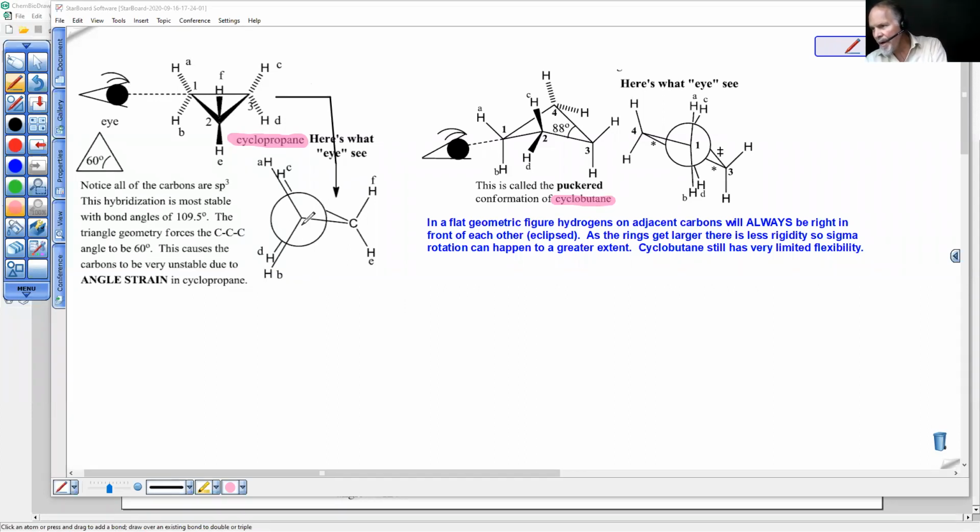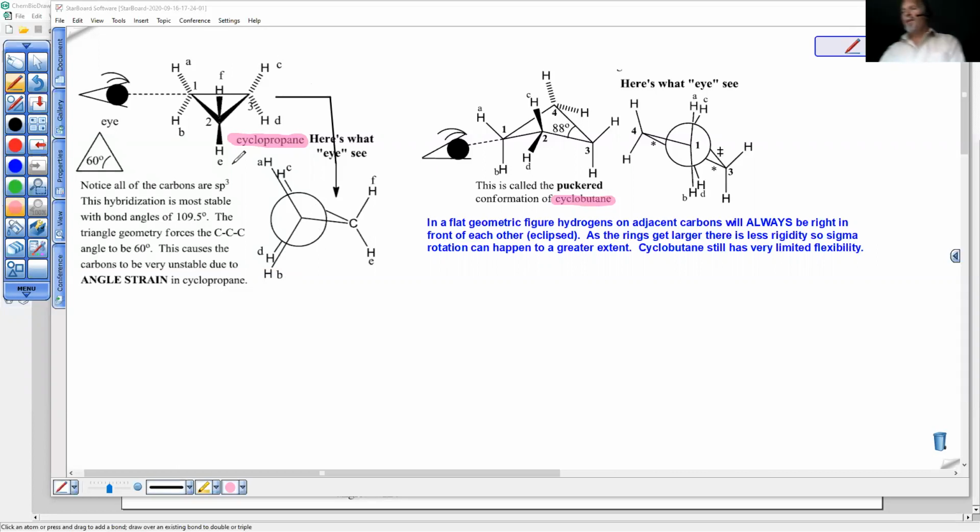Carbon 3 right behind it has a hydrogen right behind the hydrogen A on the first carbon. And B is right behind, in front of, sorry, D. B is in front of D. So my eye is looking right here. And here's the other carbon 2 over here with hydrogens F and E.